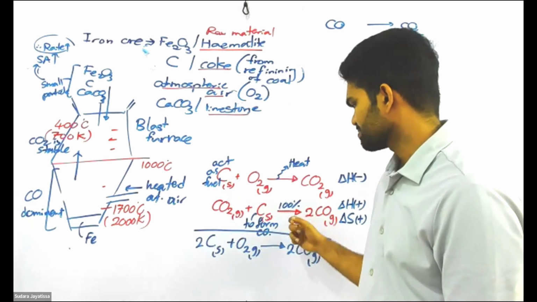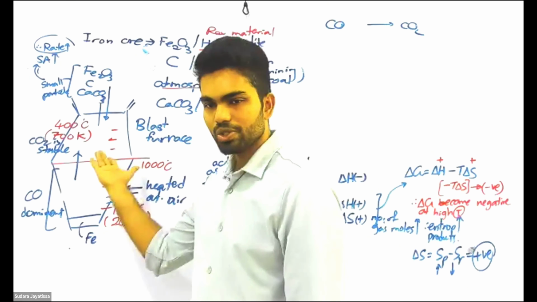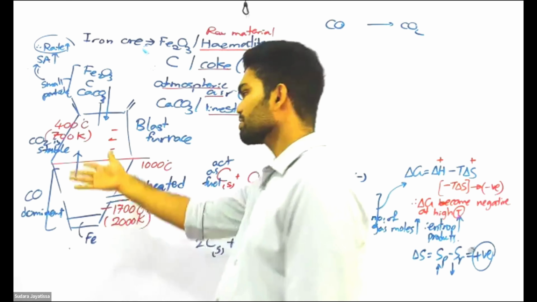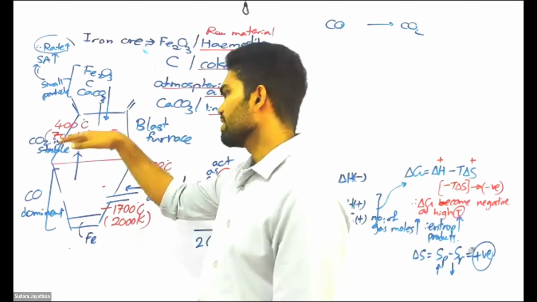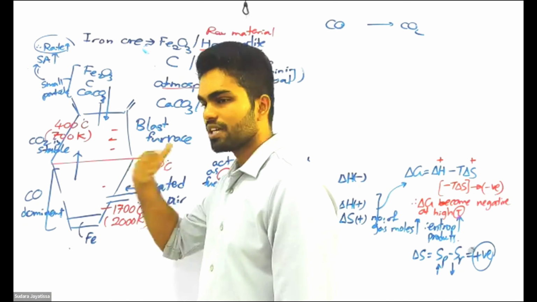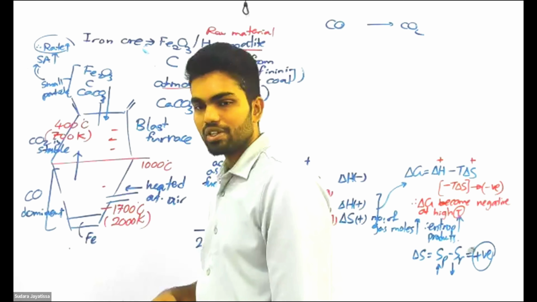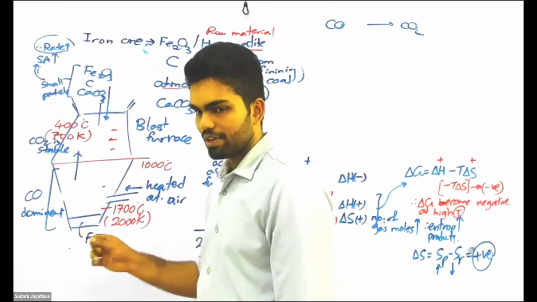Therefore, the reverse reaction of this one can't occur. So my point is that we don't have oxygen in this region, so it can't become carbon dioxide just by getting oxygen. Okay, we have a problem.